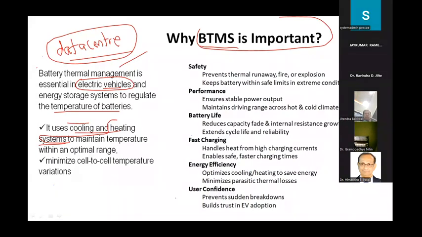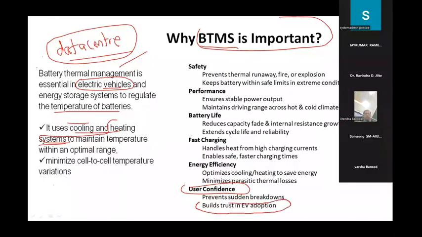The very first important point for us is user confidence. In many of the locations, as I just mentioned, we want to build trust in EV adoption. The Government of India, through all their programs, tries to work on this aspect.